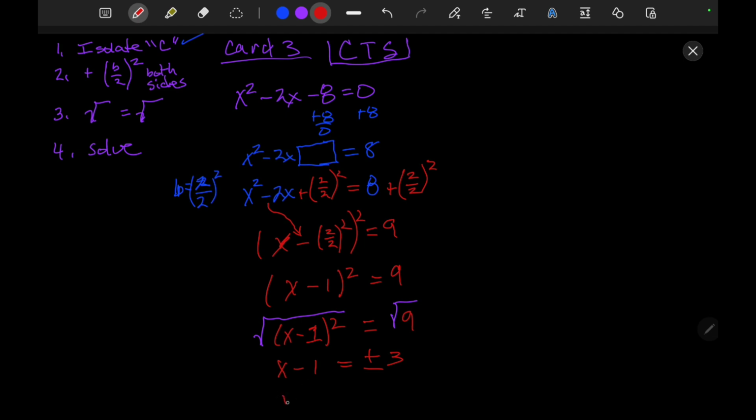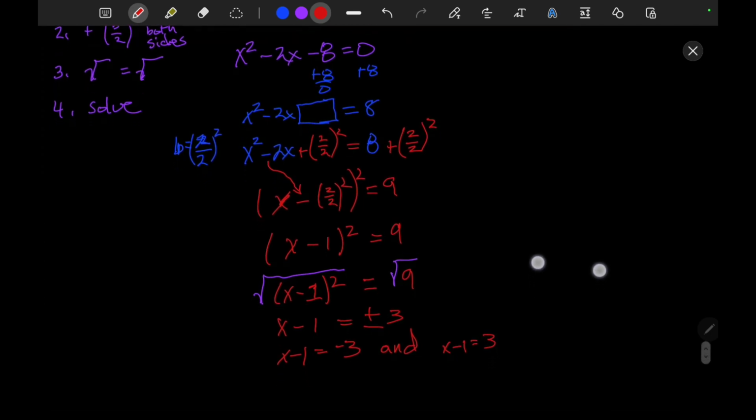We then go x minus 1 equals negative 3, and x minus 1 equals positive 3, and we solve.